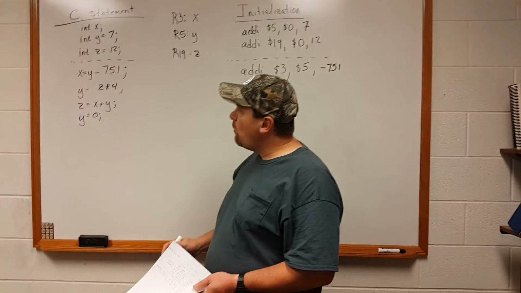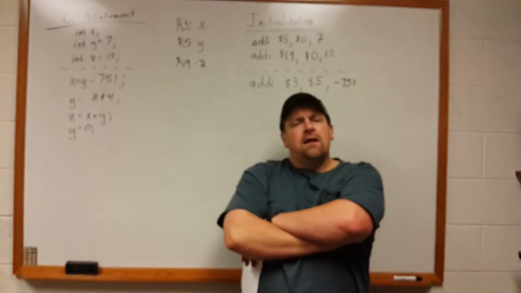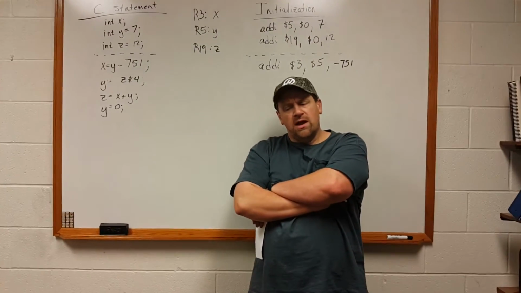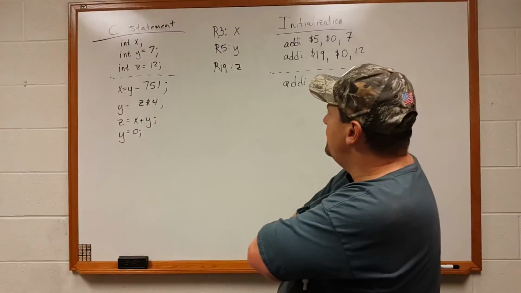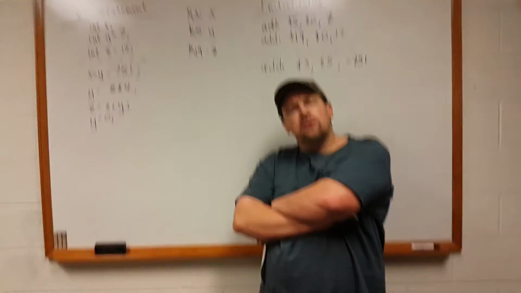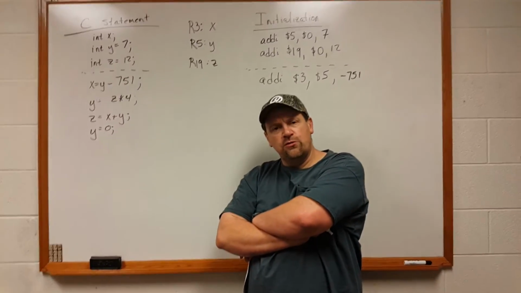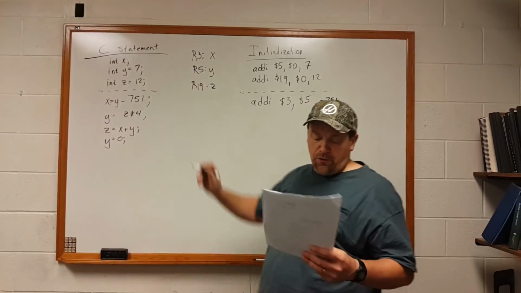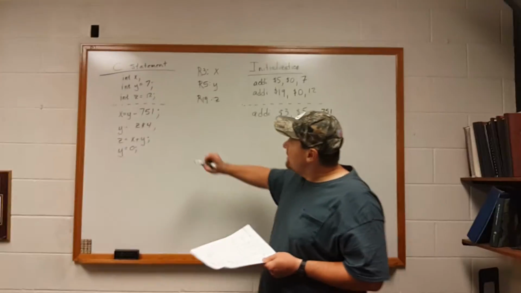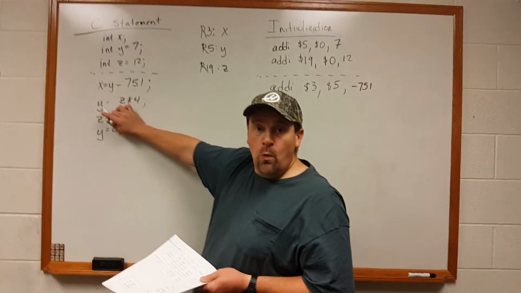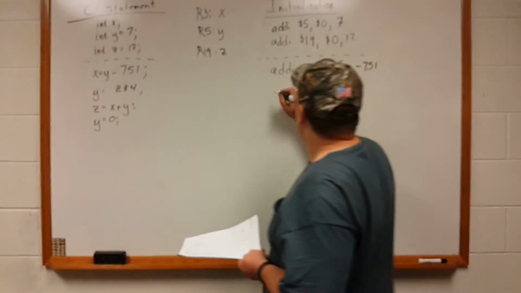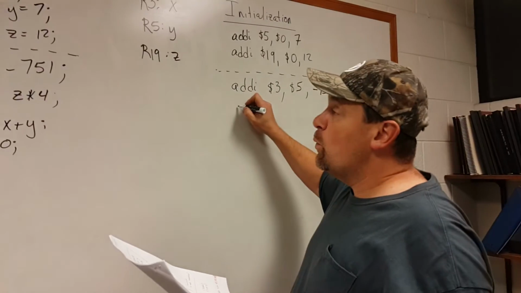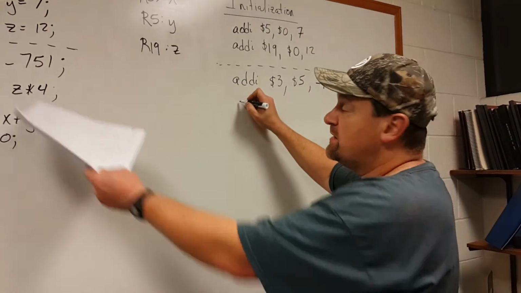Next, we have y. Y is going to be z times 4. We don't have a multiply instruction. So, what are we going to do here? Well, we're probably going to resort to cracking each other's skulls open and feasting on the goo inside. However, another option, since ultimately y is going to be clobbered, we can do this. First, we load y with z times 2.